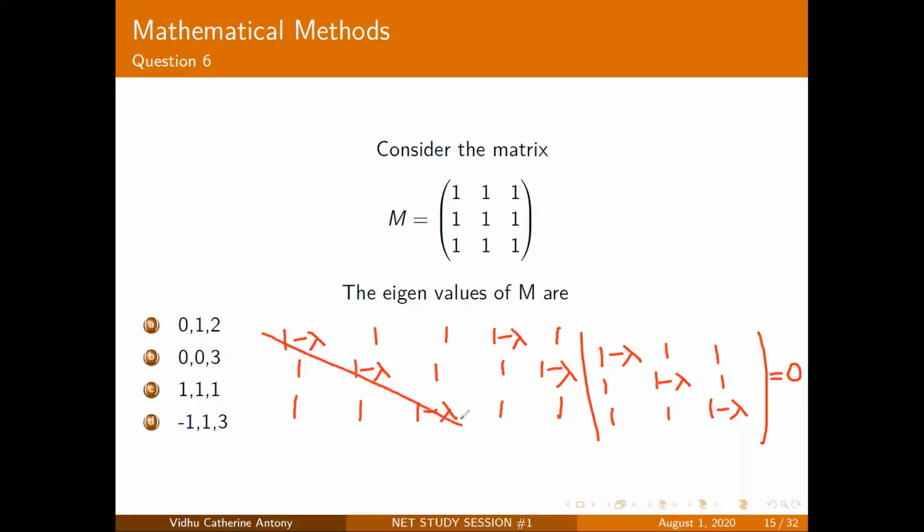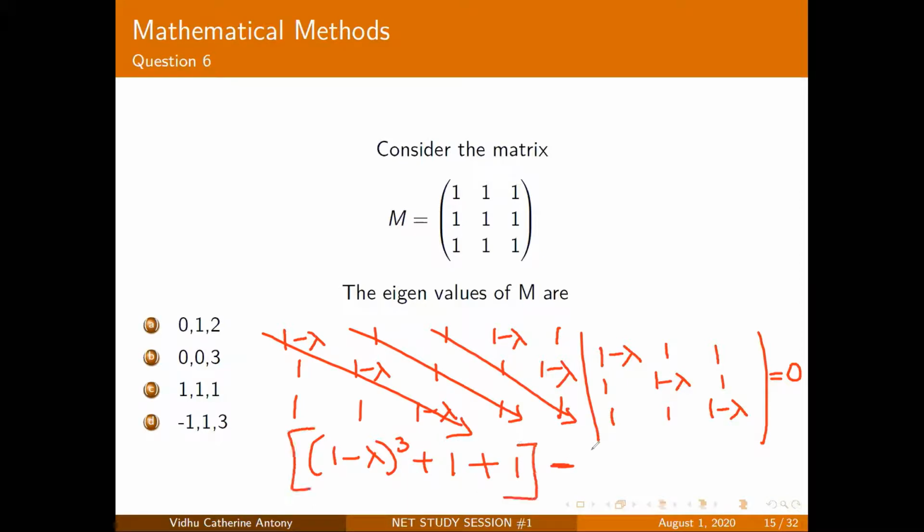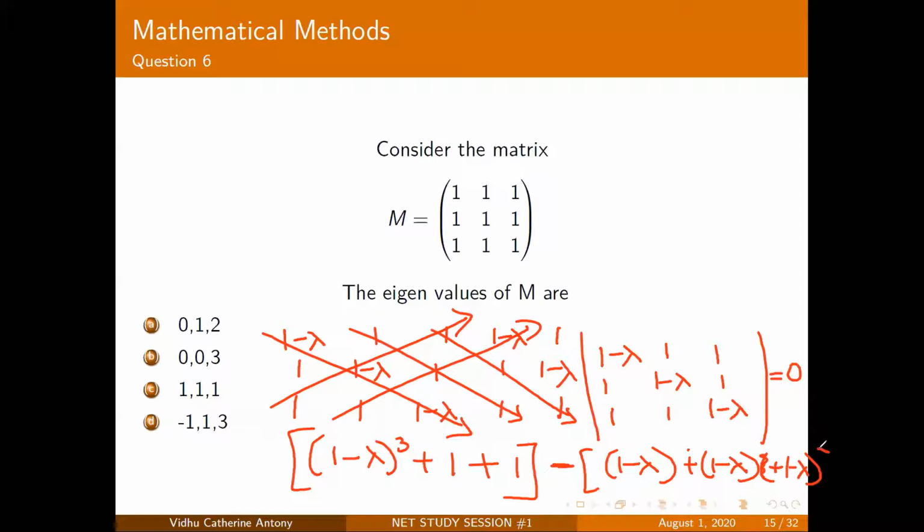Okay, so let me just take the product of this. So I have a 1 minus lambda cubed. I take the product of this, so I have a 1. I take the product of this, so I have a 1. Okay, then I do a minus. Okay, so I take this one's product, I have a 1 minus lambda. This one's, I have a plus of 1 minus lambda and a plus of 1 minus lambda here too.